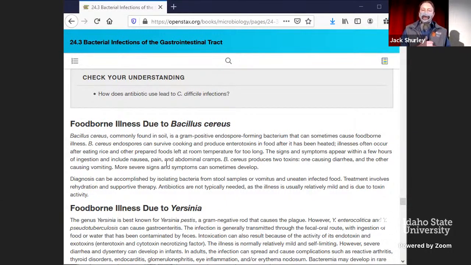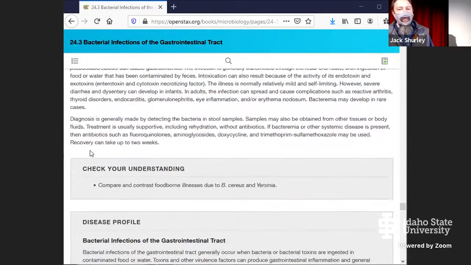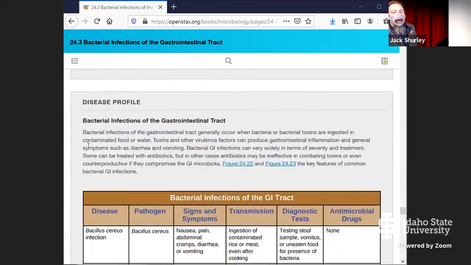The spores ultimately can germinate, and in food that's not held at the proper temperatures, it sets the stage for issues. So rice dishes are a potential culprit with some of the serious ones. Yersinia, not the plague, not Yersinia pestis, but enterocolitica and pseudotuberculosis are both potentials for GI issues as well.